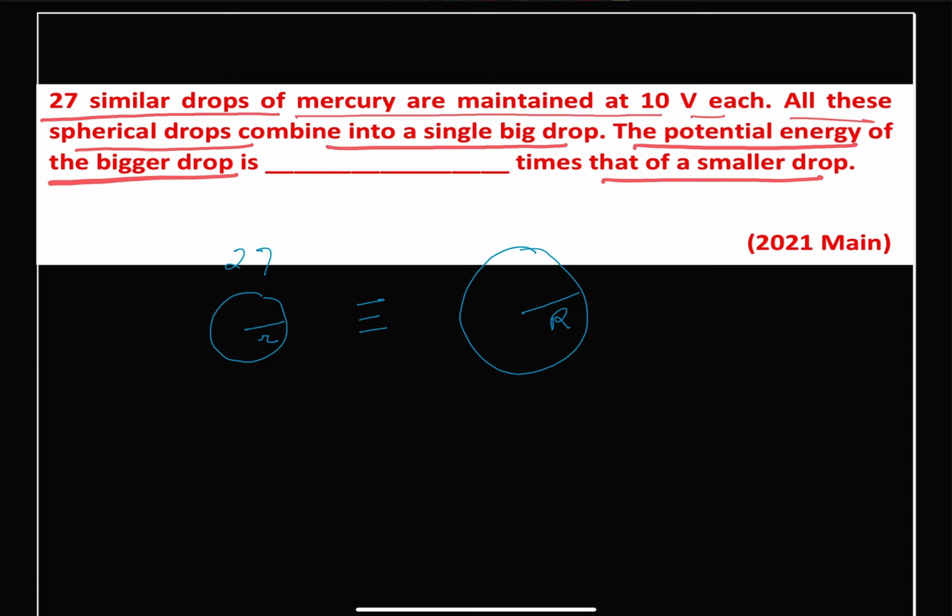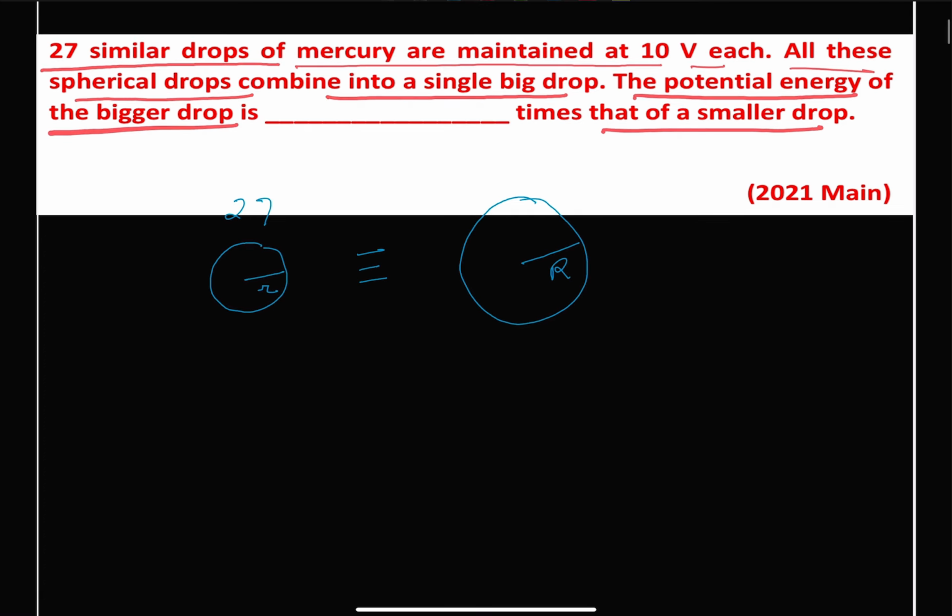So we can find the relationship between the radius of the bigger and smaller drop. The volume of the bigger drop will be equal to 27 times the volume of the small drop.